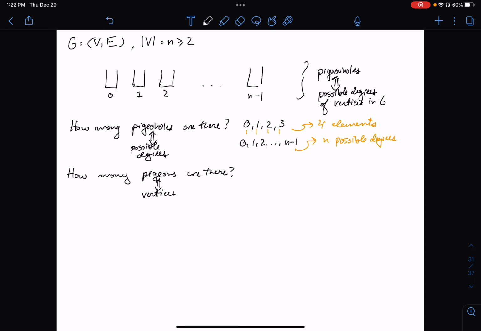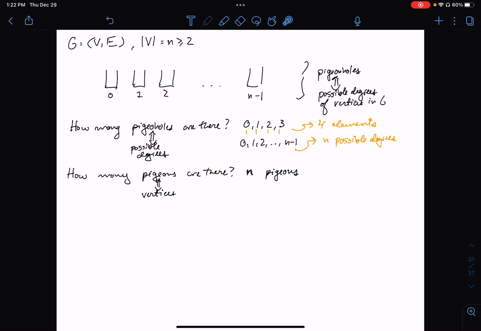In this case, I've stated that I have n vertices, so there are n pigeons. But what you'll notice is that I have n pigeons and n possible degrees.